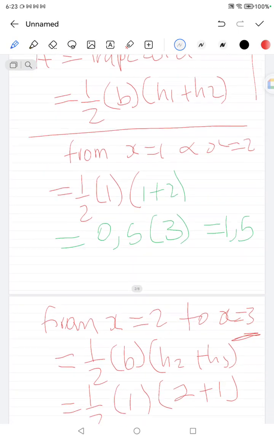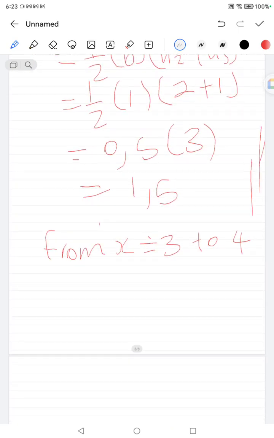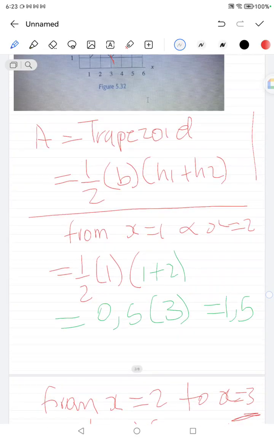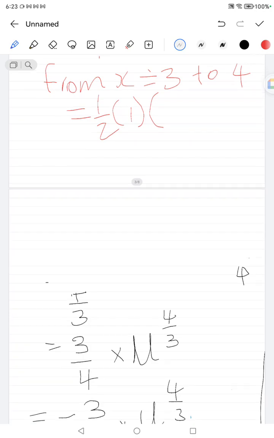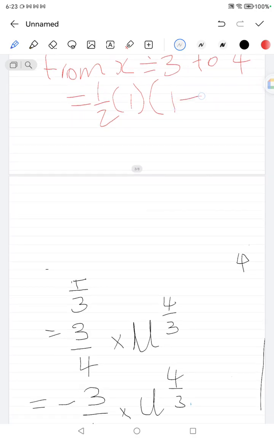So you're going to have your half into the wideness of that block, which is still 1, then 1 and 2. It's just repeating 1 plus 2. This we've already done, it's 1.5.